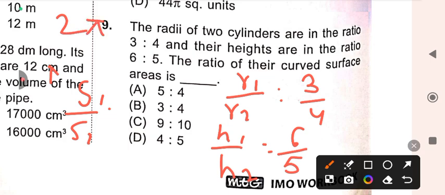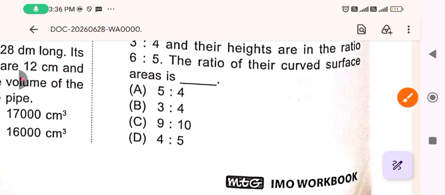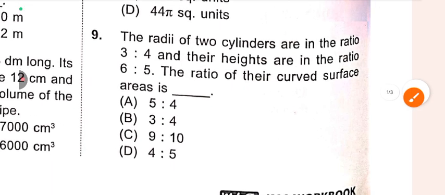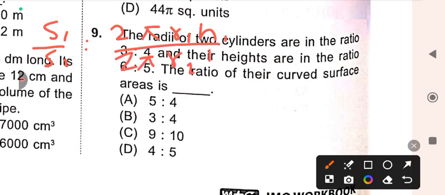2 pi RH is what we say the curved surface area, right? 2 pi R1 H1 upon 2 pi R2 H2. I am writing it once more. S1 upon S2 is equal to 2 pi R1 H1 upon 2 pi R2 H2.